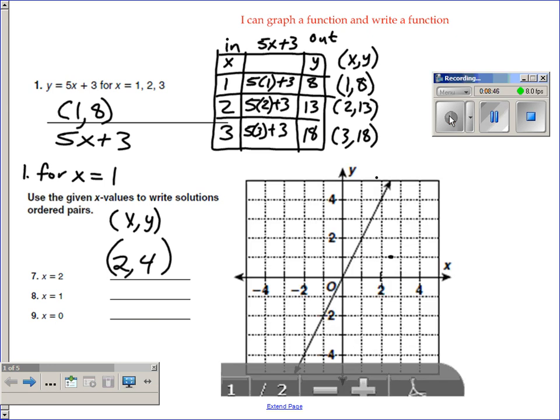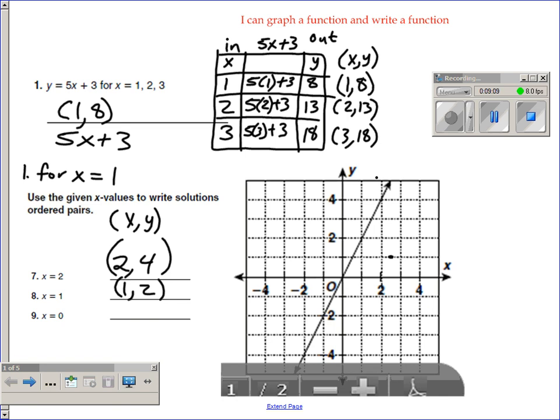When X is 1, so we're at 1, what point does the line cross? What is the Y value? 1, 2. When X is 1, Y is 2. So we'd write this ordered pair as X being 1, Y being 2 in parentheses. Okay?